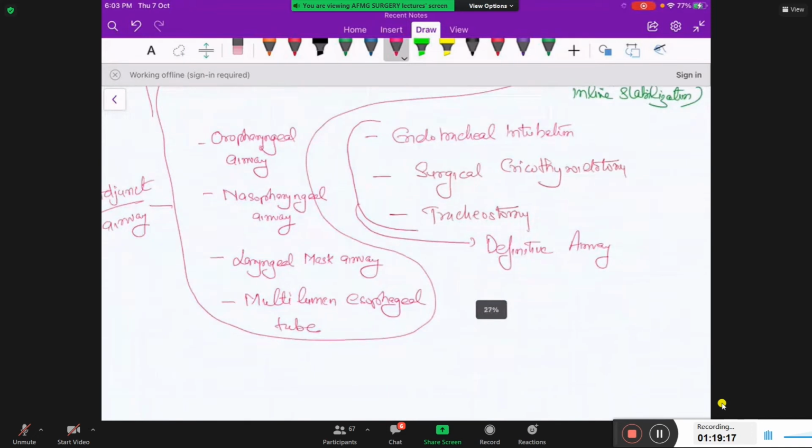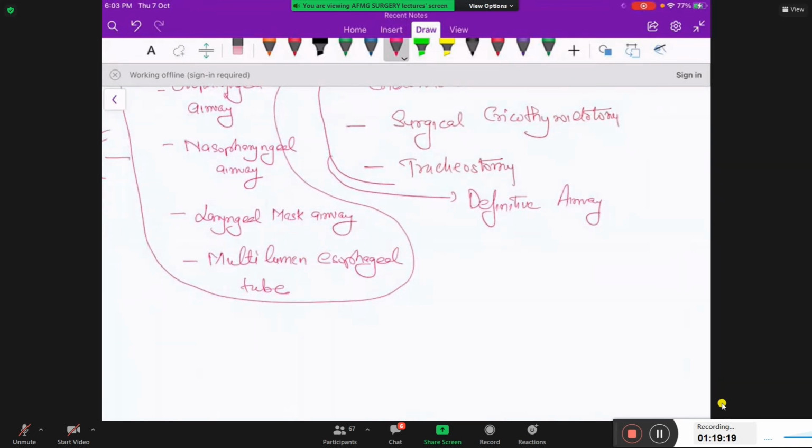Now, can anyone answer this question? We have to take care of the airway also. We have to take care of the spine also. Out of airway and cervical spine, which is your priority? Spine. Very good.